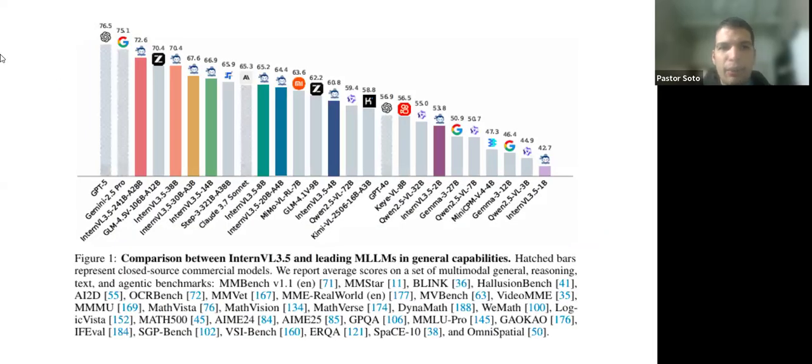So this is to give you an overview of the overall performance. The key thing about this graph is that they are able to compete with the latest commercial models like GPT-5 or Gemini 2.5 Pro. But they are also able to do it across the different releases that they did. So you see here that we have InternVL 3.5.